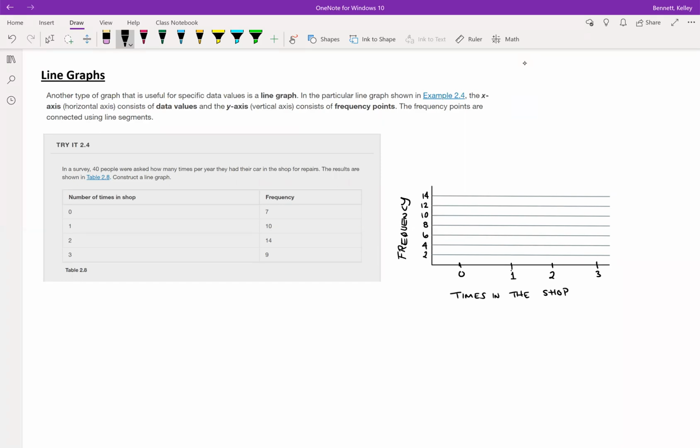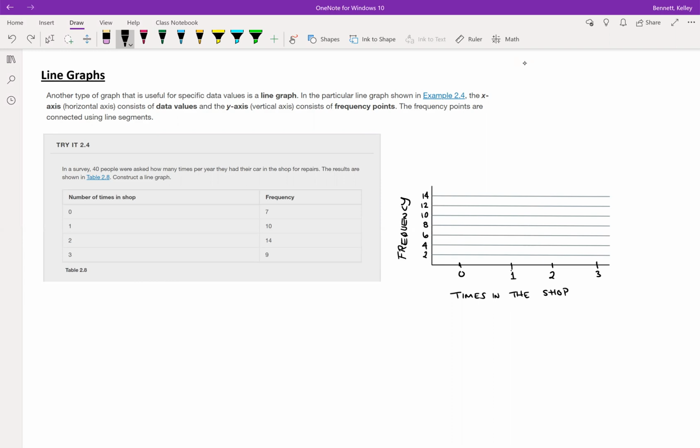We're so used to putting 0 right here at the origin, but we're not saying this is a positional thing. We're just saying that we're counting the number of times, or the frequency, that someone had 0 repairs.